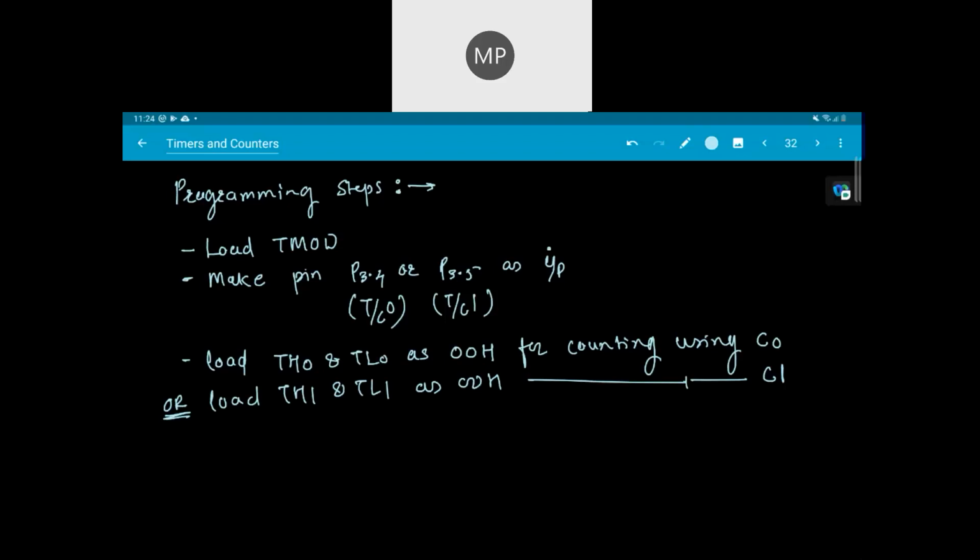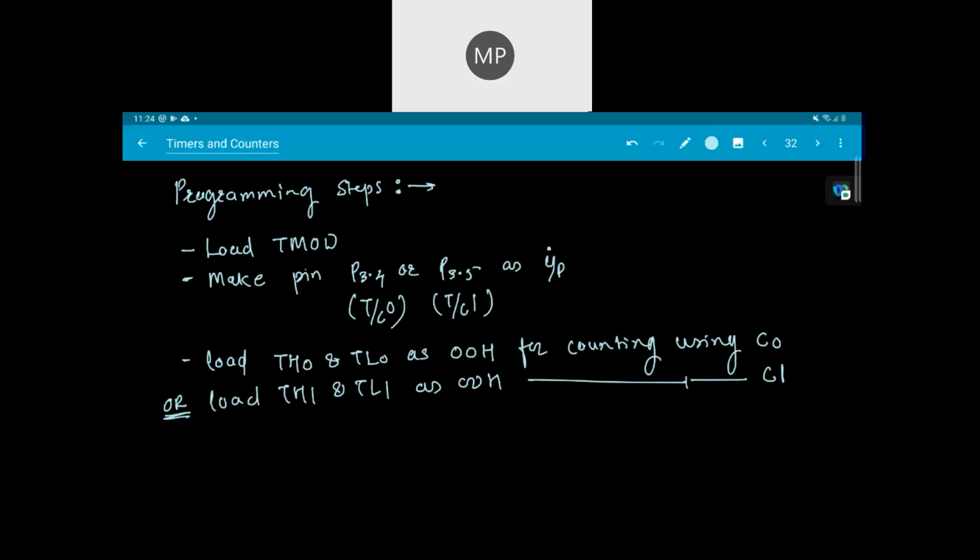That is why we keep the value 0 0 in TL0 and TH0, so that whatever the number of pulses coming at pin 3.4, the same will be the increments in TL0 and TH0. Is it okay everyone? That's why we'll be loading value 0 0 into TL0 and TH0.